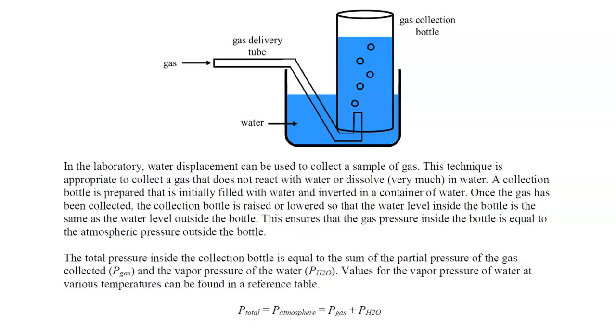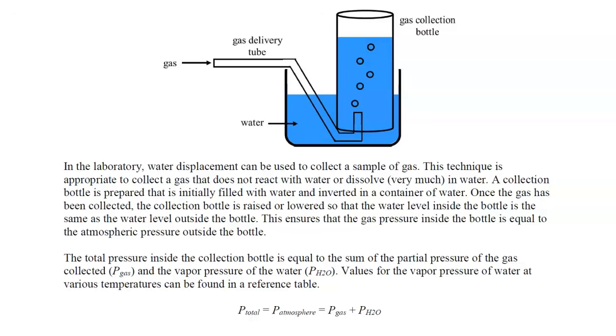A collection bottle is prepared that is initially filled with water and inverted in a container of water. Once the gas has been collected, again, it displaces the water, so the gas goes in, pushing some of the water out. The collection bottle is raised or lowered so that the water level inside the bottle is the same as the water level outside the bottle.